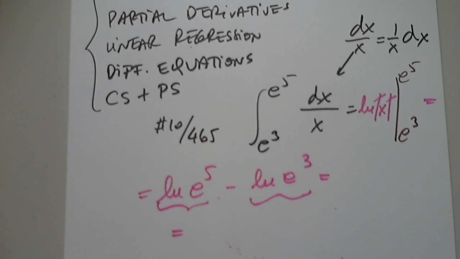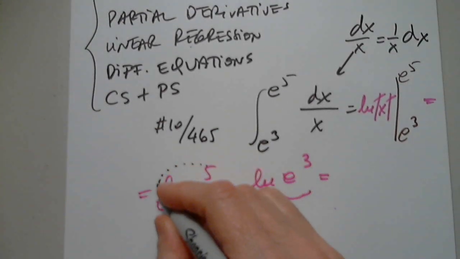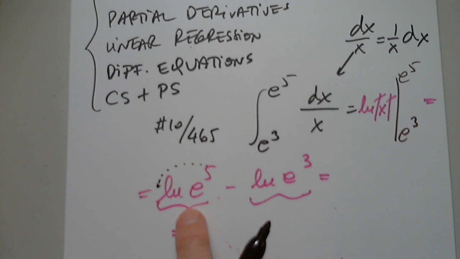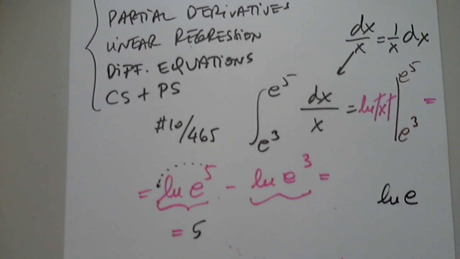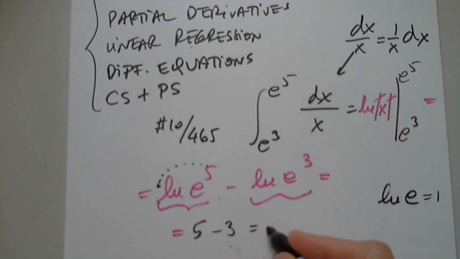Anyone remembers the property? The power goes in front as a factor. So we have 5 times natural log e. Anyone remembers how much is natural log e? One. Thank you very much. So then minus 3, which is 2.